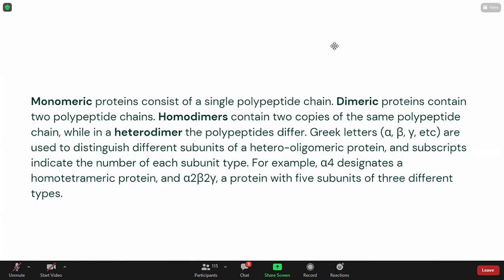Now, if it's heterodimer, we can say that the globin is still a heterodimer because it's made up of two kinds, alpha and beta subunit.